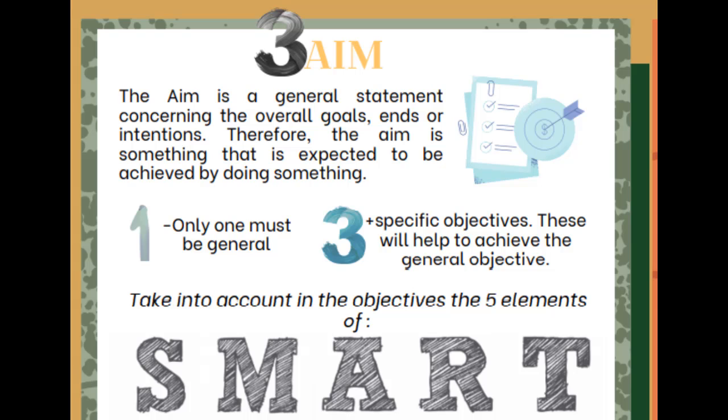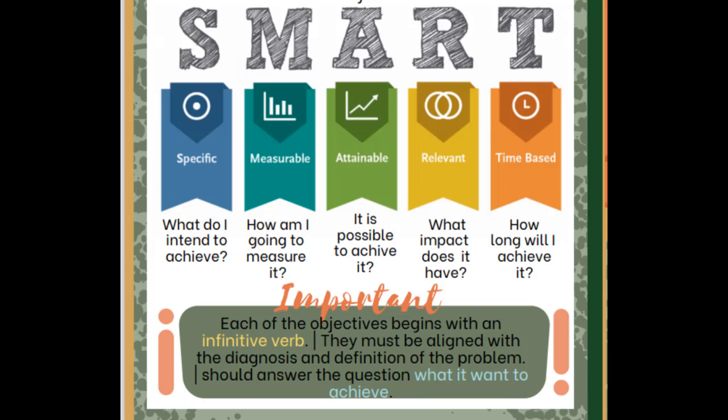In each of the objectives, whether general or specific, it must be taken into account that in a single sentence there must be the 5 elements of the SMART methodology. The first is specific: exactly what I want to achieve. It must be precise and concrete.